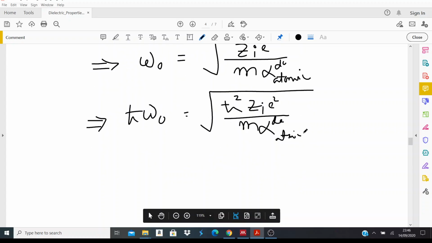And then we know the values of m, we know the values of ħ, and you know which atom we are talking about, and this quantity can be measured.